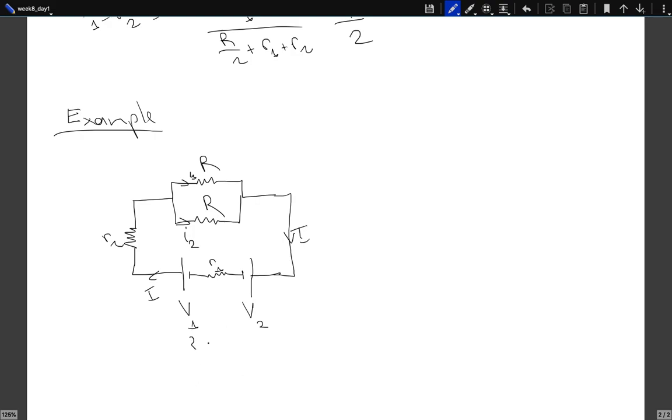Let's say again, for simplicity, for example, V1 can be 1.5 volts and V2 can be 1.2 volts. This is the typical non-rechargeable AA battery. This is a typical rechargeable AA battery.